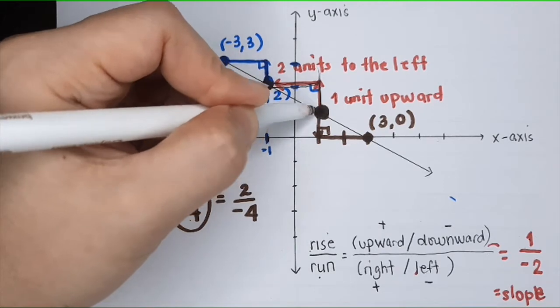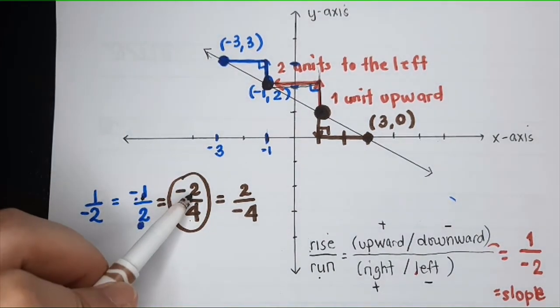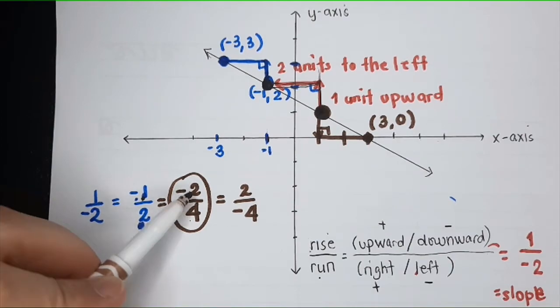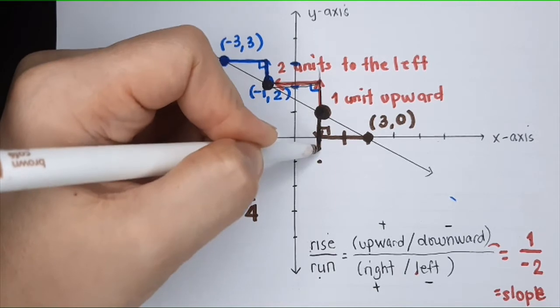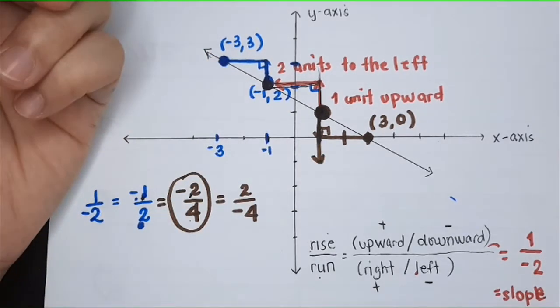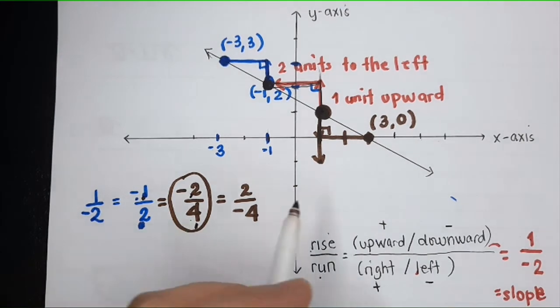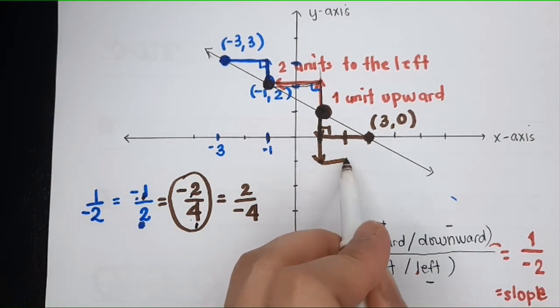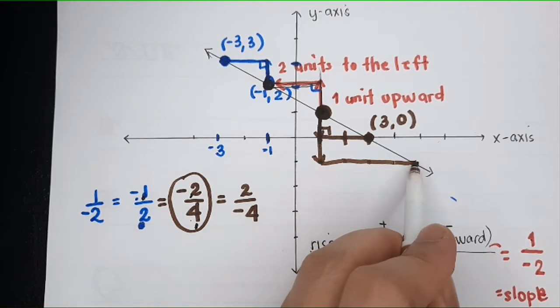Okay? Tapos, gawin na lang natin siya dito sa point ulit na ito. Dito ako magsa-start. Okay? So, what do you mean by negative 2 over 4? You move 2 units downward. So, let me do it. 1 and then 2. Hanggang dito. Right? Downwards. And then, 4 units to the right. So, saan yun? Ito. 1, 2, 3, 4.